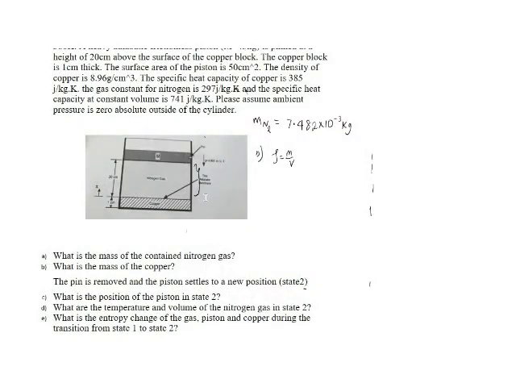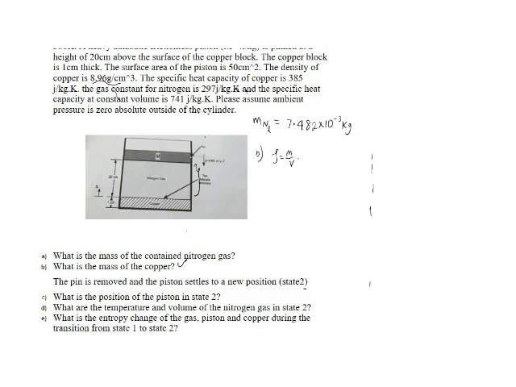Now we can go ahead and calculate the mass of our copper, which was asked in our question. Since we're given the density of copper, we can go ahead and calculate the mass of our copper.